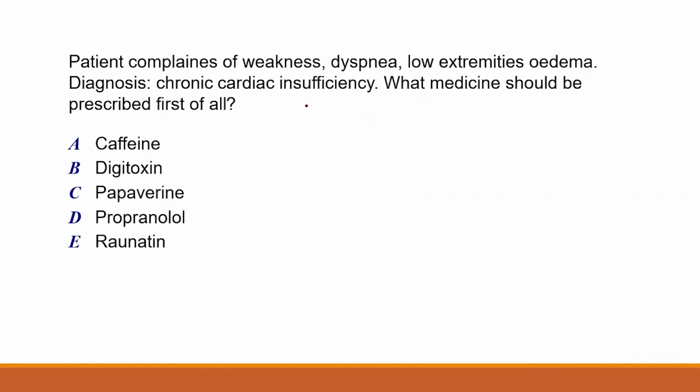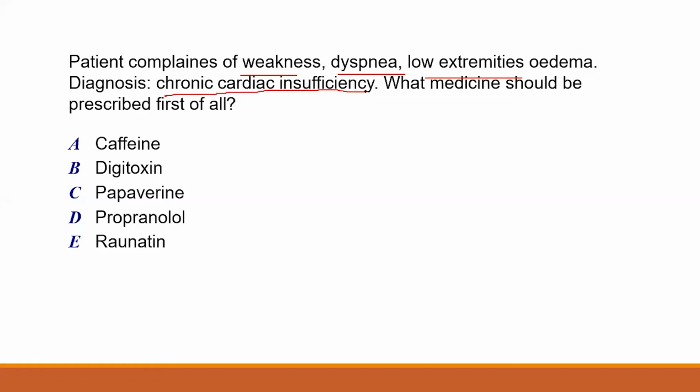Okay. So what do we have here? We have a patient complaining of weakness, dyspnea, and lower extremities edema. We have chronic cardiac insufficiency. What drug are you going to prescribe?